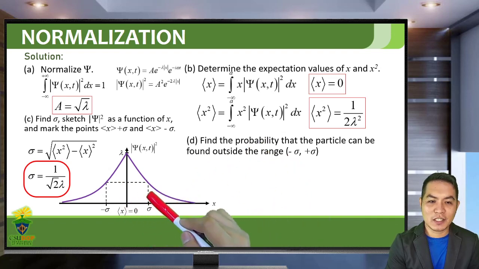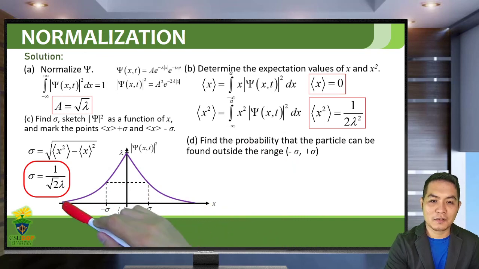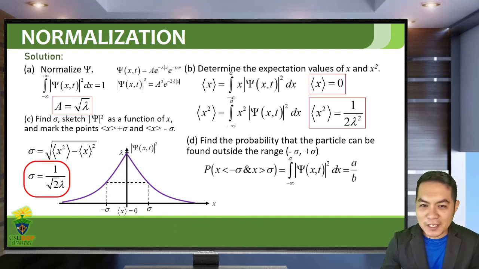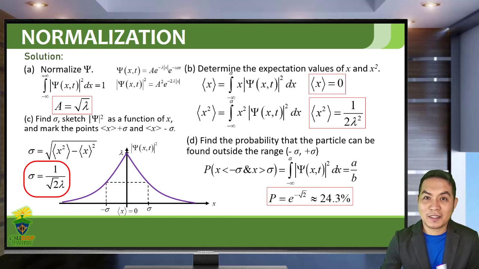So you need to solve for this area under the curve here, plus the area under the curve there. In the previous example, you got 75.7%. In this example, just subtract 75.7 from 100%, and you will get 24.3%. So it is exactly the same manner of solving this problem.